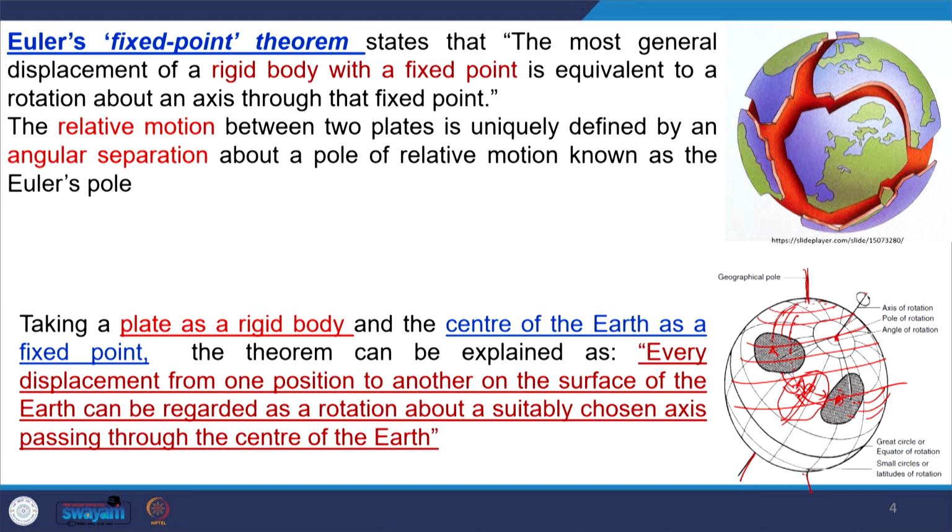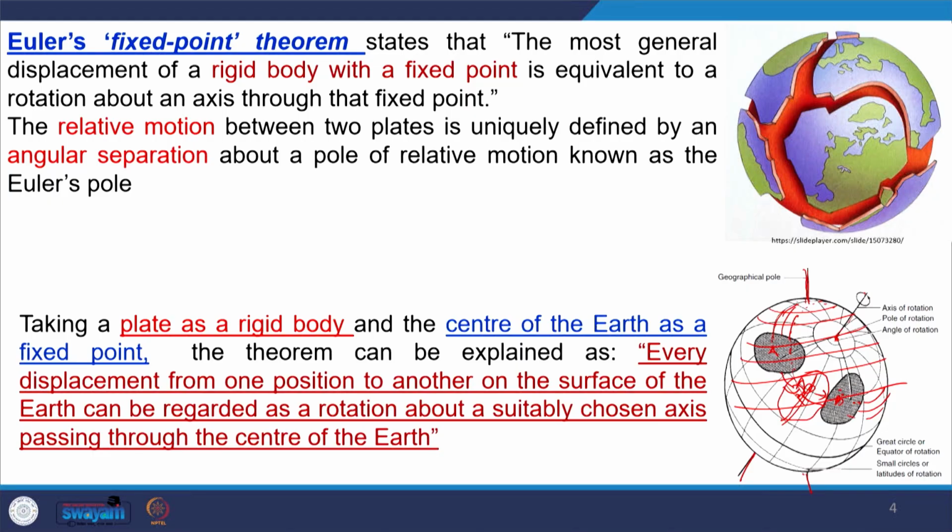Euler's small circle, Euler's axis, Euler's rotational pole, Euler's equator, have nothing to do with Earth's equator, small circle or Earth's axis. These are simply imaginary points and imaginary lines, as we believe that the plates' motion is creating these lines by joining subsequent points on these plates.